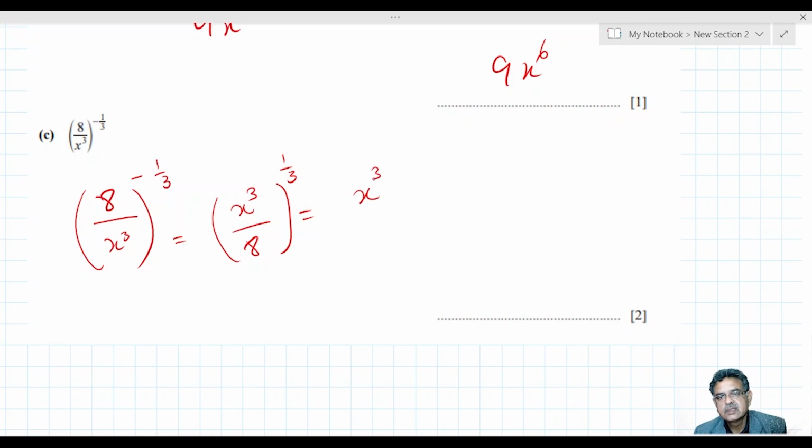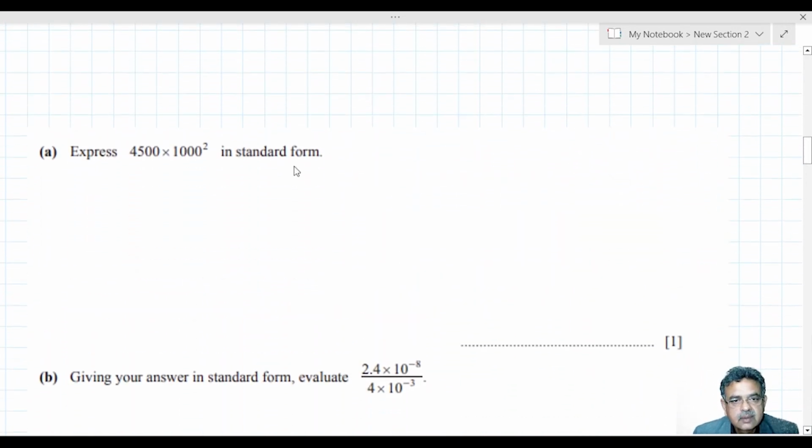Now x power 3 and 8, this power will be distributed to both the values. So this way 1 over 3. This is cancelled and it becomes x. 8 power 1 over 3 means 2 power 3 multiplied by 1 over 3. 8 means 2 power 3. These are also cancelled. So x upon 2 is the answer.